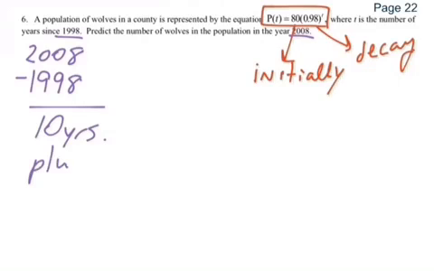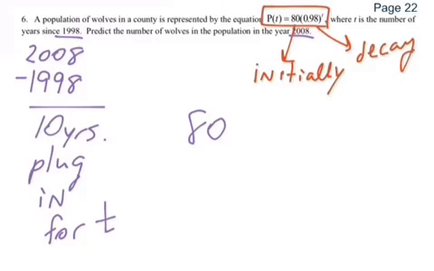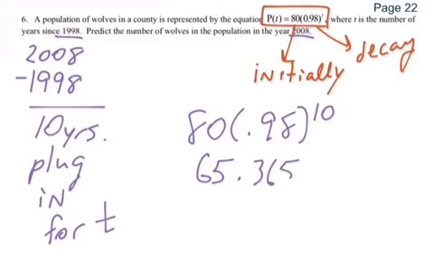That means to plug 10 in for t, since that would be your time. So 80 parentheses 0.98 raised to the 10th power would give you 65.3658. Now you can't have a decimal amount of wolves, therefore you would have 65 wolves.